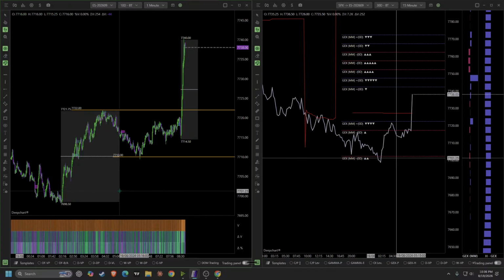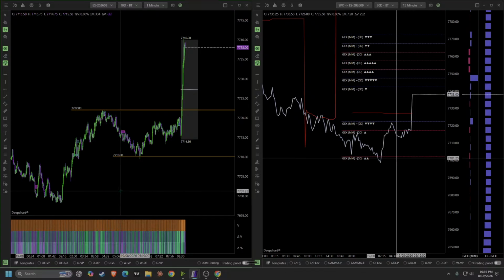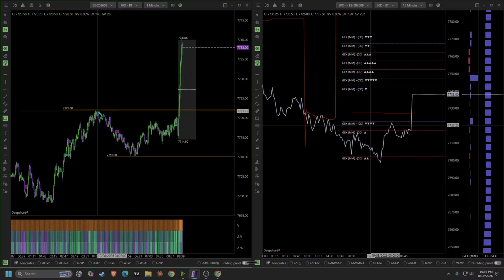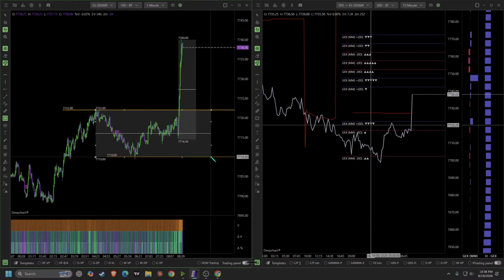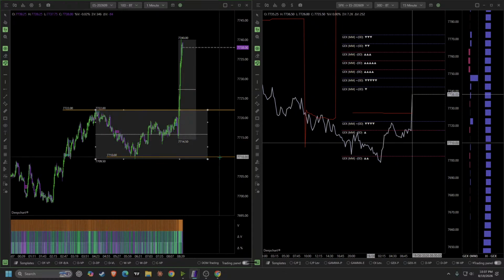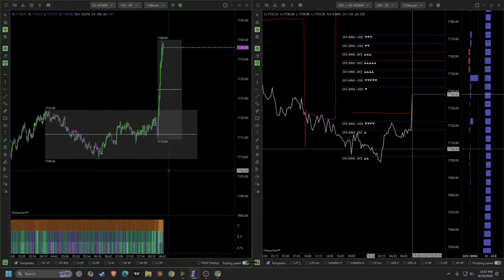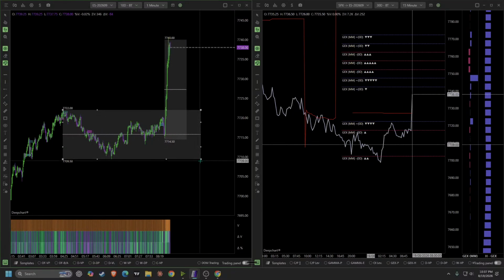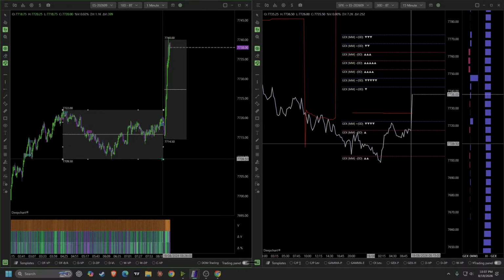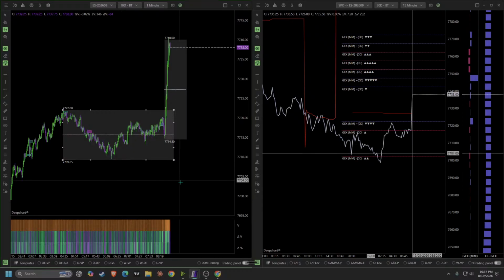And then one more thing that's just significant from a market structure is this swing right here. The high that put in this low. We can get rid of these lines to make it a little bit easier to see. So these are the two big ranges that we saw in the overnight session.